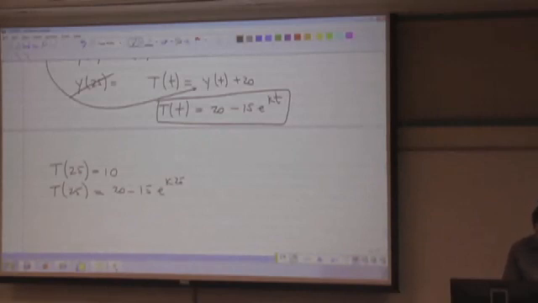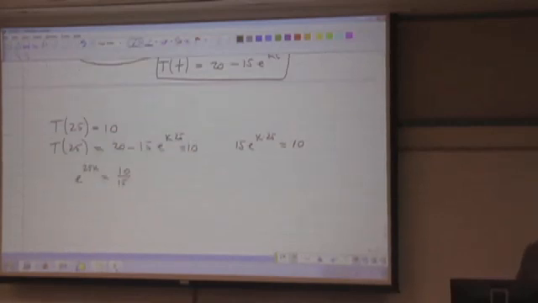So from here, 15 e to the k times 25 is equal to 20 minus 10, which is 10. So e to the 25k is equal to 10 over 15, which is 2/3. So 25k is equal to the natural logarithm of 2/3. So k is 1 over 25 times the natural logarithm of 2/3.